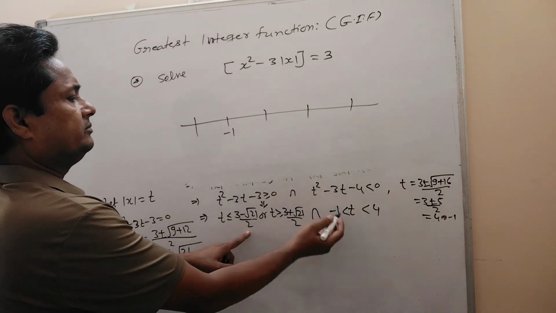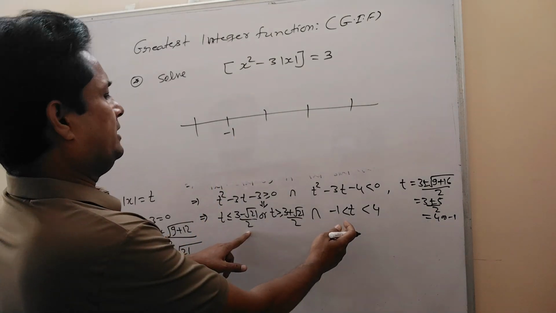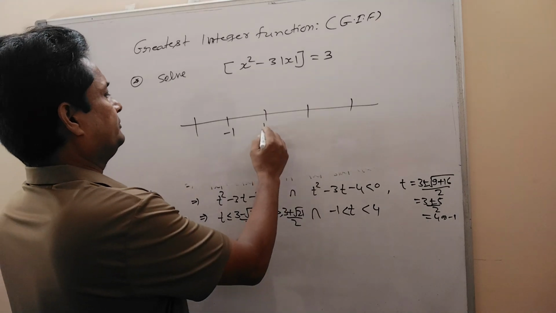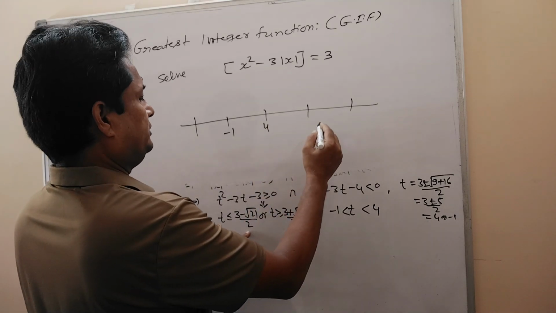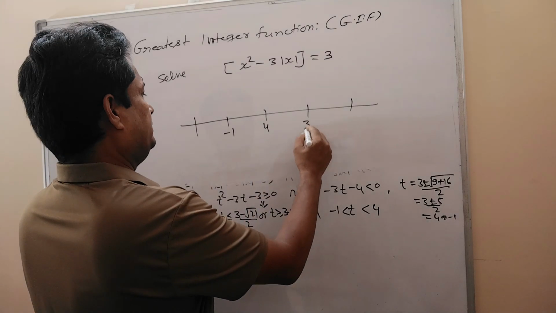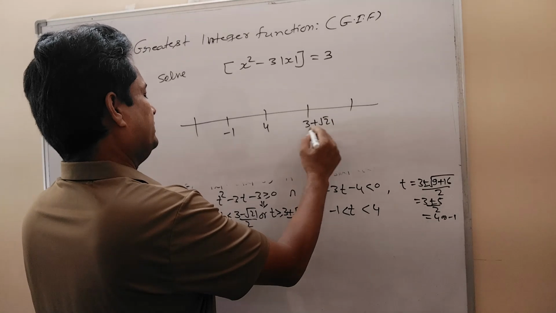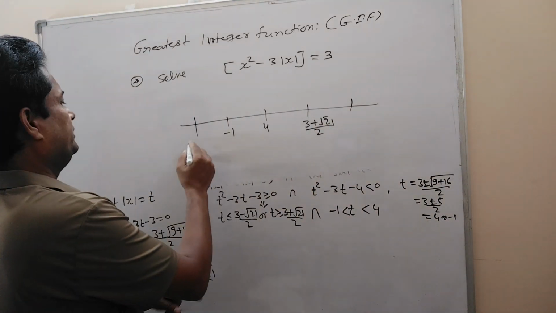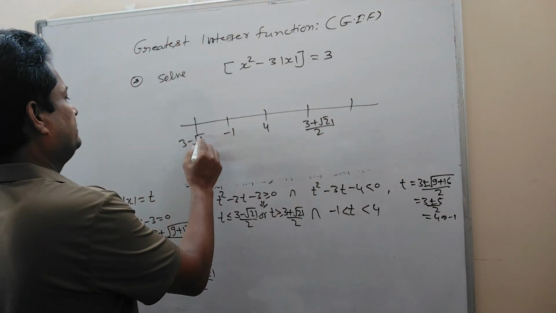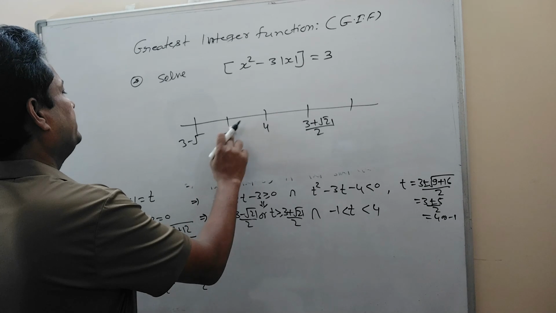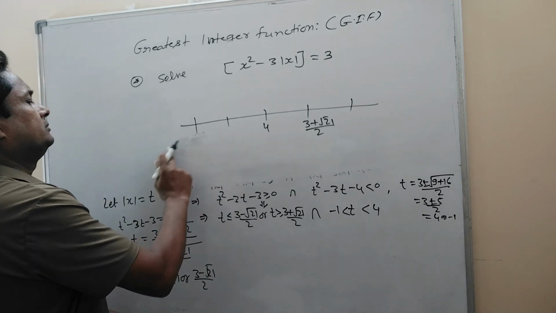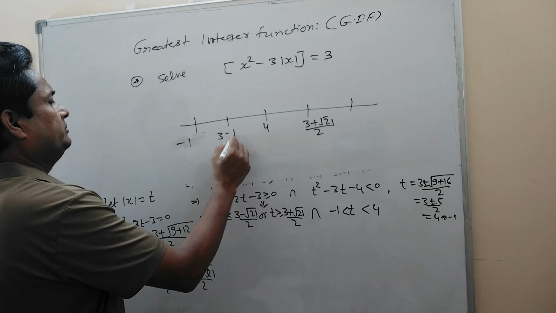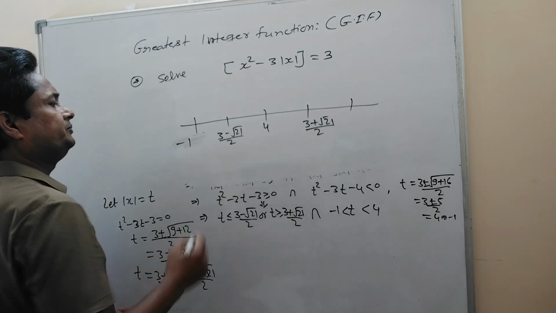Let's say this is minus 1 and this is 4. And this is 3 plus root 21 by 2, and this is 3 minus root 21 by 2.